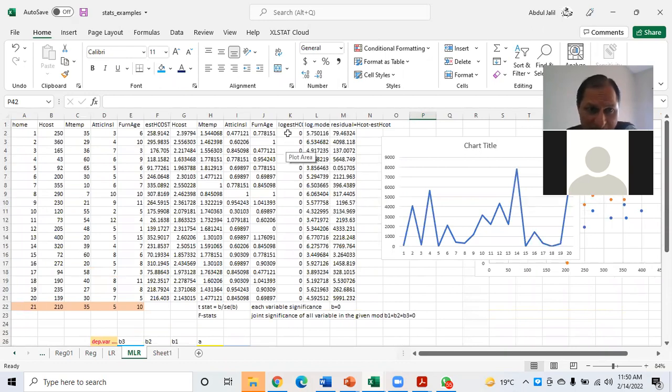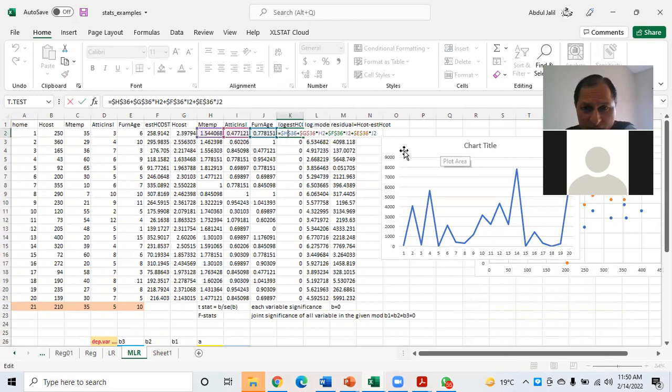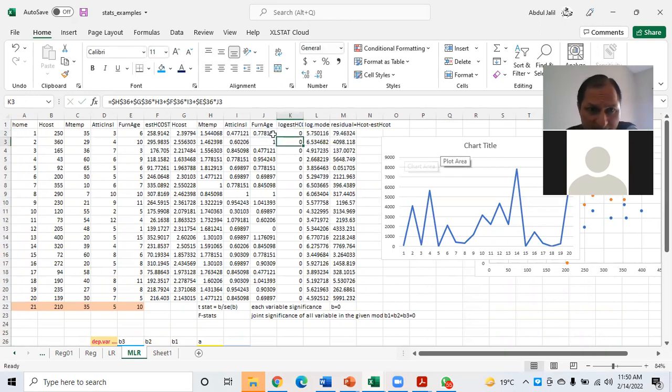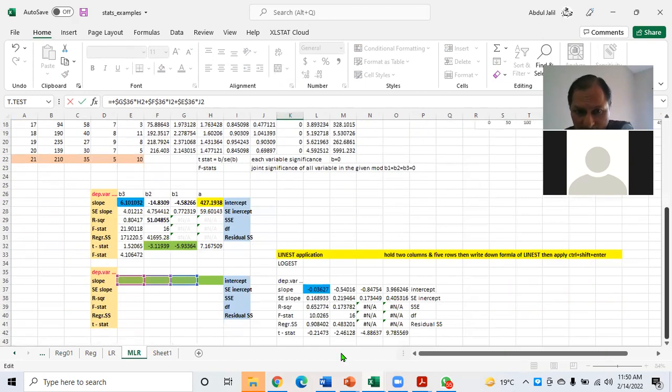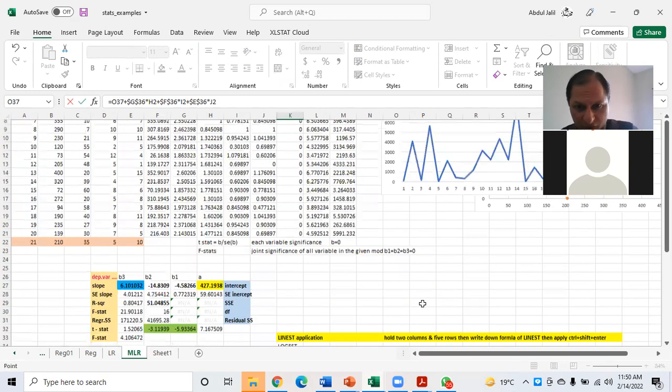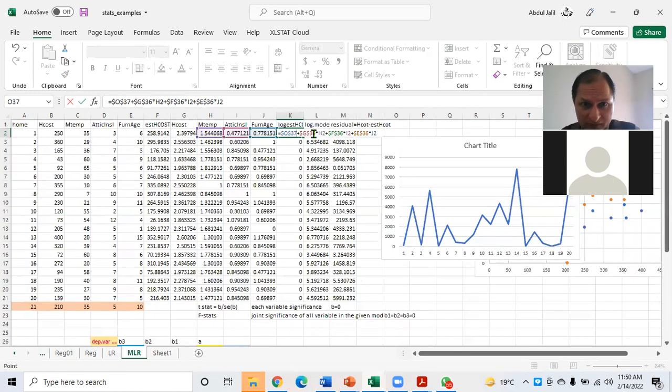So I'm just going to apply this model here. First, we need to make estimated values. These estimated values are now going to be changed based on these values. First of all, you will pick this one, and F4, don't forget to do this.